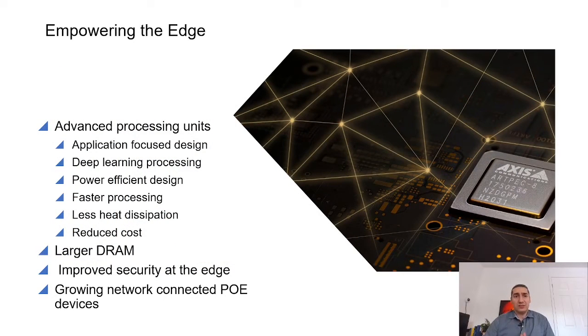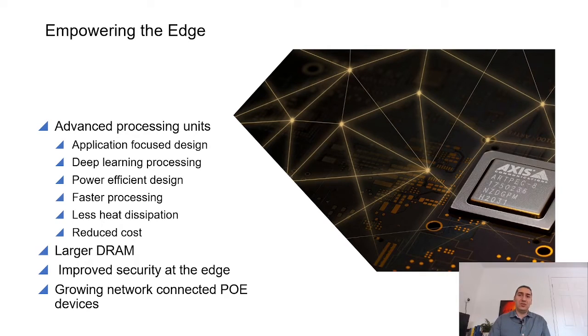So how is the edge empowered today, and why do we talk about the edge today? Because there is the technology available today to push these analytics to the edge. So we have advanced processing units that are application focused. They are deep learning by design.